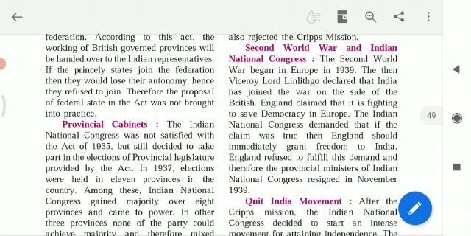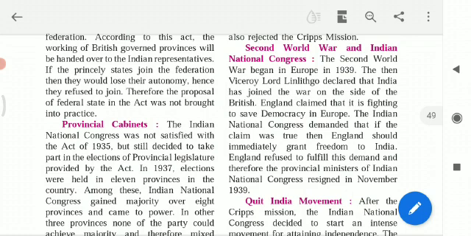The Indian National Congress demanded that if the claim was true, then England should immediately grant freedom to India. England refused to fulfill this demand, and therefore the provincial ministers of the Indian National Congress resigned in November 1939.